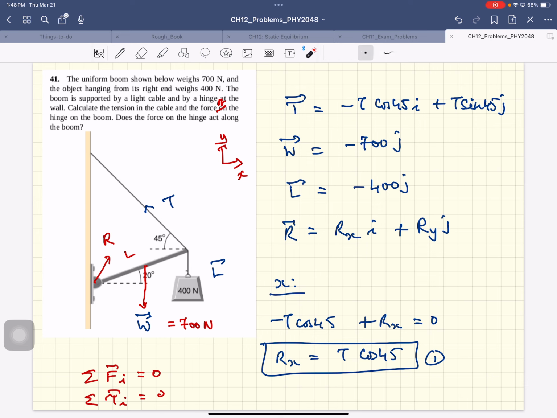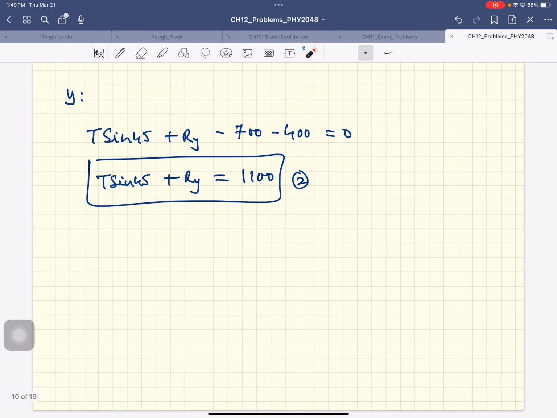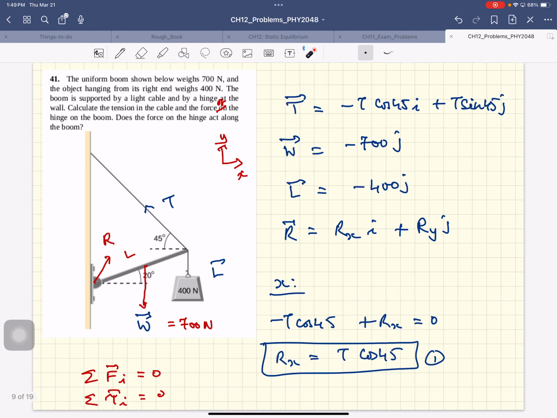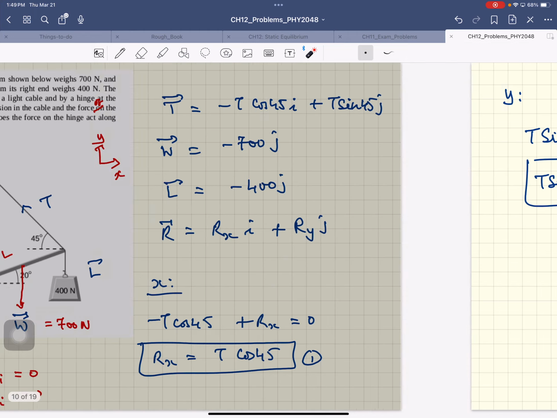Notice what we have. We have the x component of this reaction force in terms of the magnitude of T. We have the y component in terms of the magnitude of T. All right, so we've used up this equation. All we have left is one more equation, and we seem to have 3 unknowns, Rx, T, and Ry.